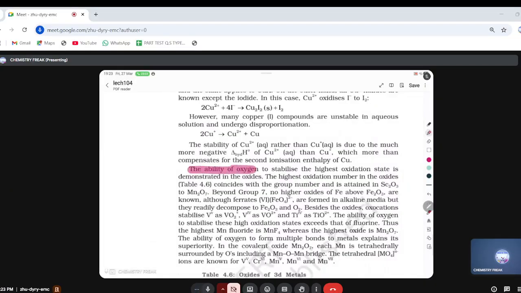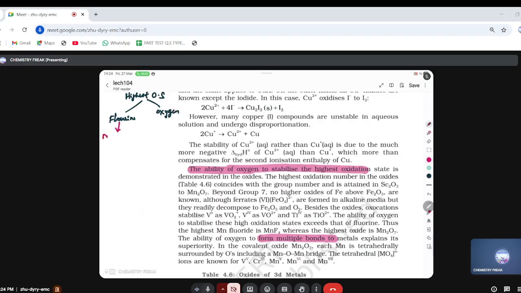The ability of oxygen to stabilize the higher oxidation state. How does oxygen stabilize others? By forming multiple bonds. So I am saying two things here: how fluorine is stabilizing the highest oxidation state of a metal, and how oxygen is stabilizing the highest oxidation state.